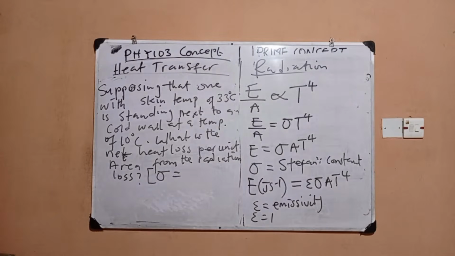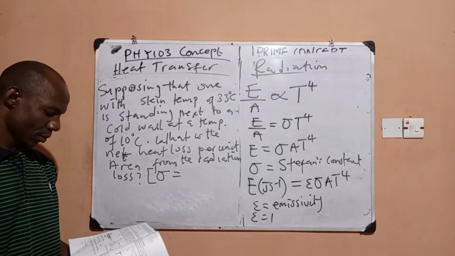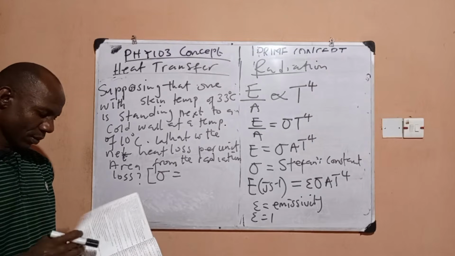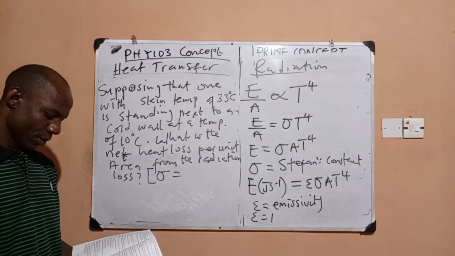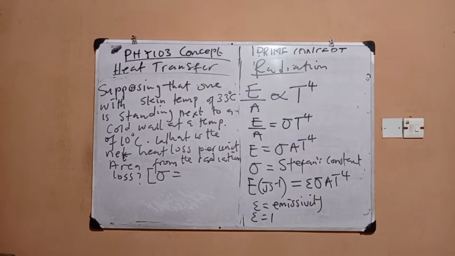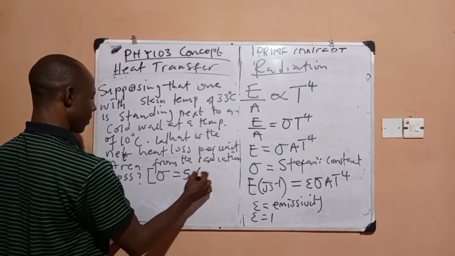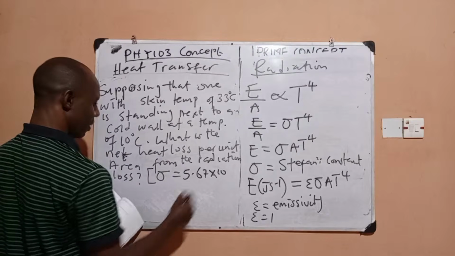Let me get the constant. 5.67 times 10 to the power minus 8.